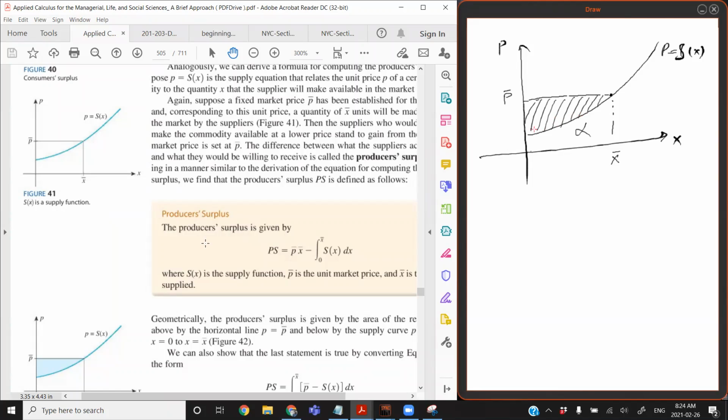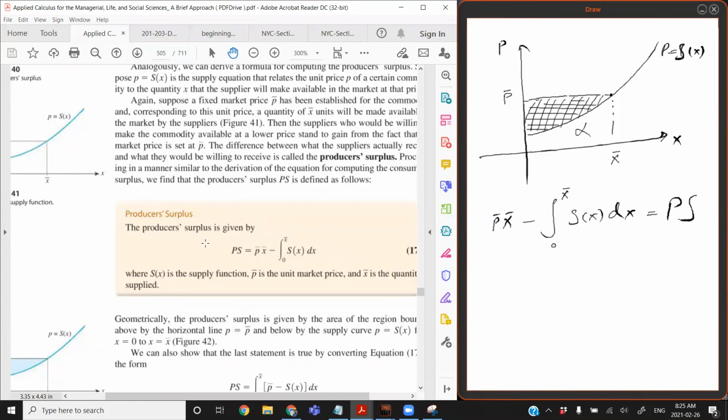So this area, the shaded area, is going to be the area of this rectangle, which is P bar times X bar, minus the area below this curve, so the area that is not shaded, which is going to be the integral from 0 to X bar under the curve S(x) dx. That would be the producer surplus, for which we have the formula here. Very good.